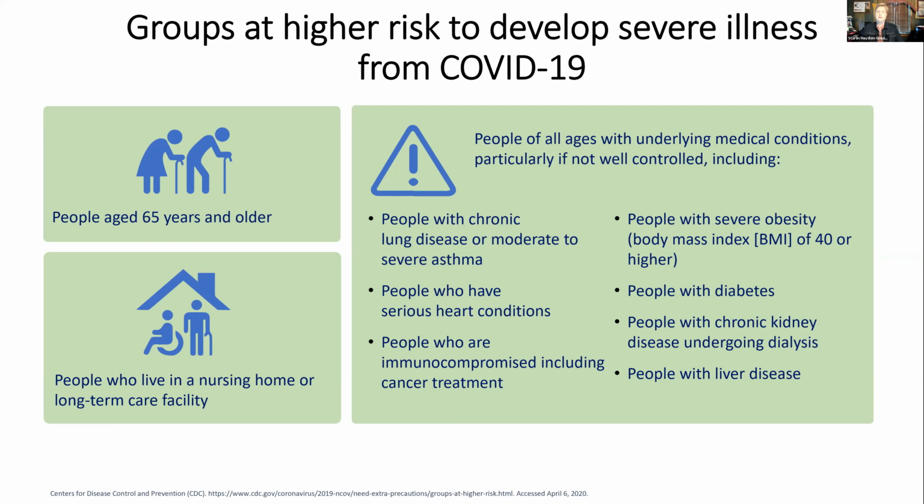So there are some studies out there, and there's news to come out about that still yet. They've been talking about it, but haven't seen any really well evidenced studies. People with diabetes, people with high body mass, so severe obesity or morbidly obese. And again, we talked about the chronic lung disease, and then people with liver disease.